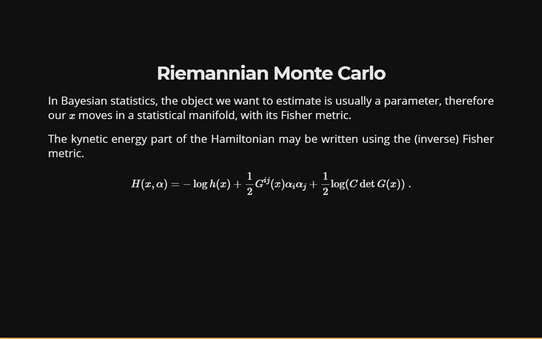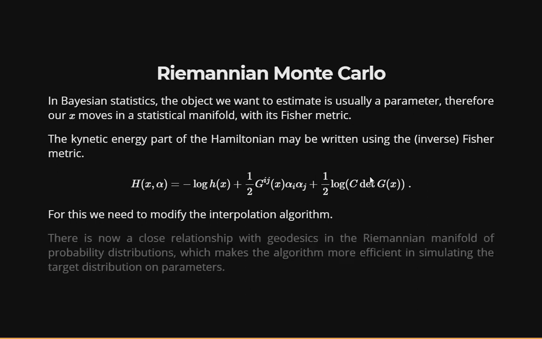So now, this is the Riemannian manifold Hamiltonian Monte Carlo, so RMHMC. That's the usual approximation. Why is this useful? First, the Leapfrog algorithm doesn't work anymore here, because there is another term with this weird stuff here.